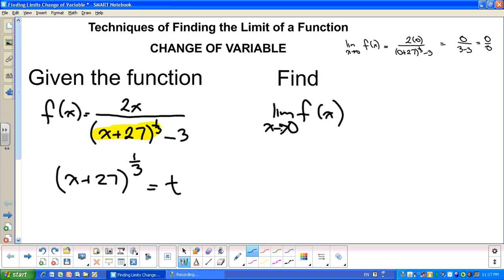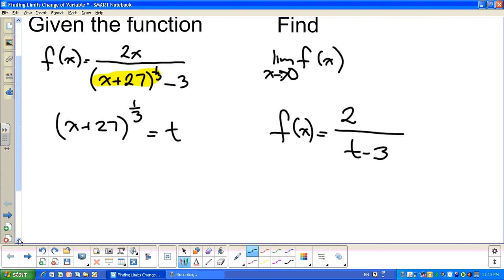Okay, so my f of x becomes, using this new name, at the bottom, t minus 3, which is not a problem. But at the top, I have 2 times x. I cannot use x anymore. I have to use my new variable, which is t. So I need to isolate x. How do I isolate x?